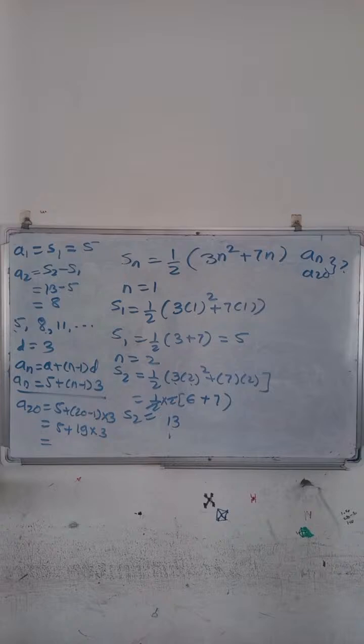How much will we get? 62. So the 20th term is 62. That's it. So copy this question. Finished. Write down the next question.